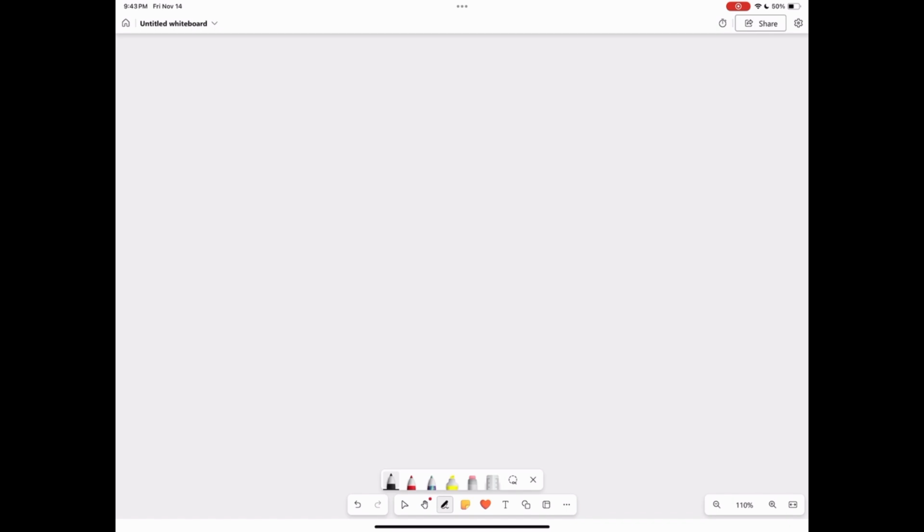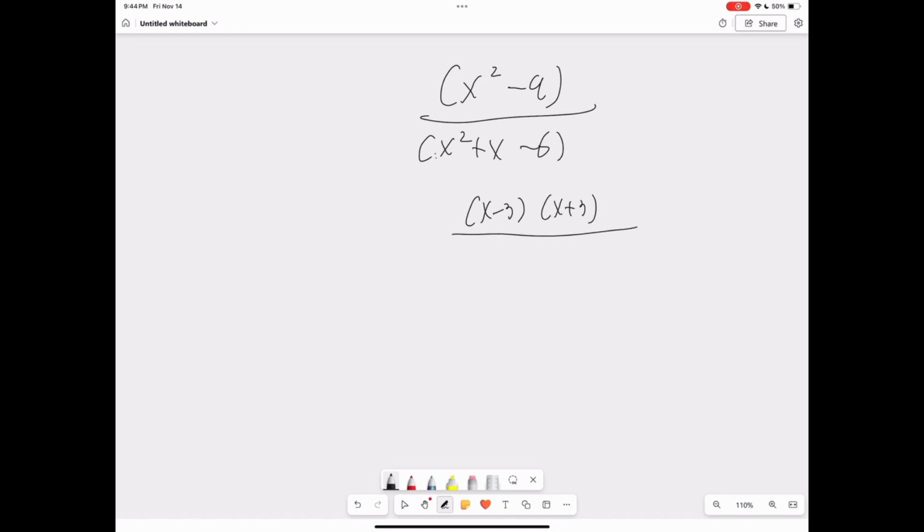Let's try this one. So x squared minus 9 all over x squared plus x minus 6. So always with these, you want to factor and see what cancels out. So we have x minus 3, x plus 3 all over, so what times negative 6 adds to 1? 3 and negative 2.